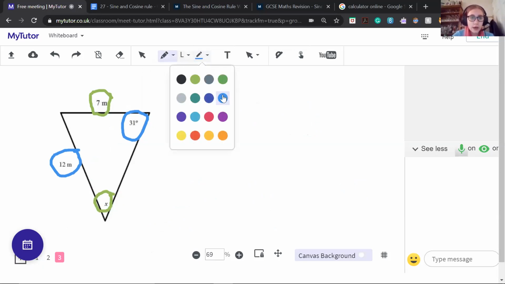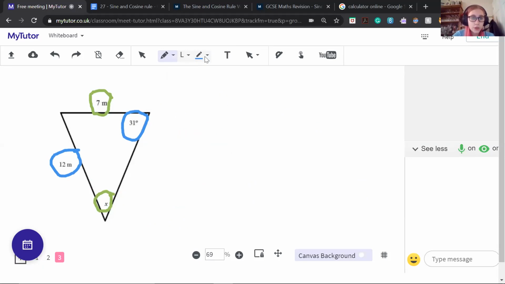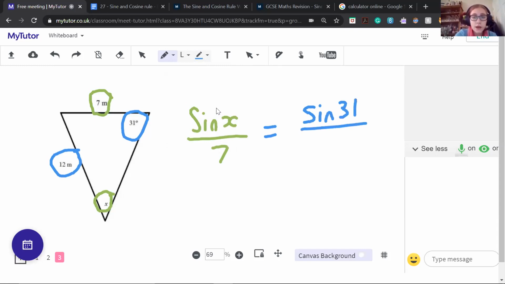So we'll start with our green one. So sine x. In these side angle pairs, you just do sine of the angle over the side, and you just equate those. So sine x over 7, hopefully you can see that those are the green pairs there. And then for the blue pairs, that's sine of 31 over 12.